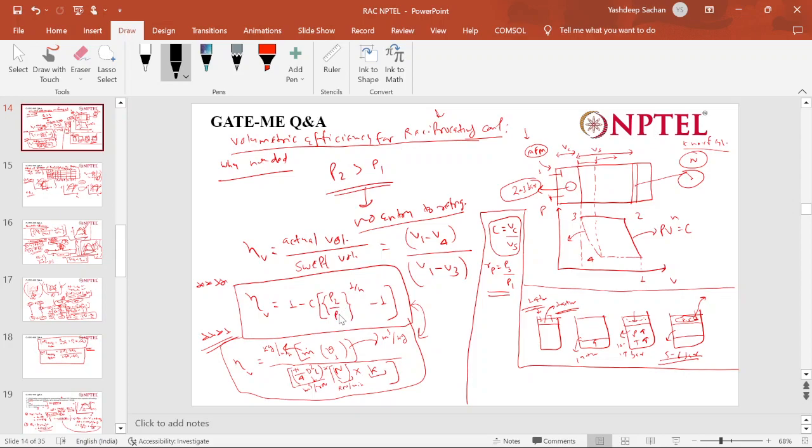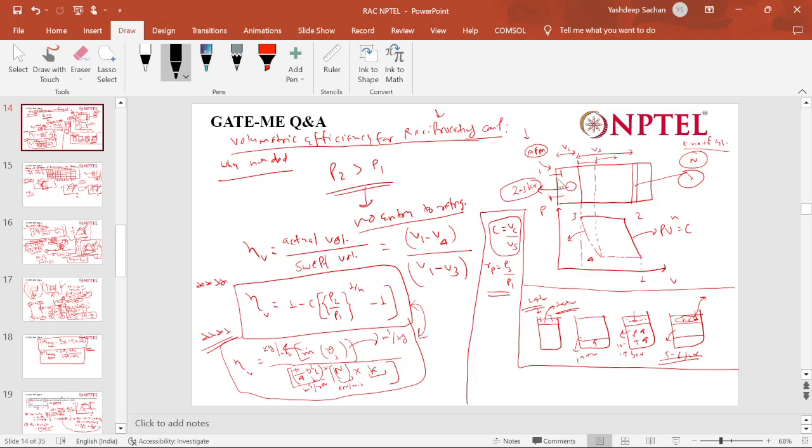Okay. Now keep this volumetric efficiency formula in mind. What is the meaning of this volumetric efficiency? It is the ratio of the actual volume sucked by the compressor to the theoretically possible volume. Why is it less? Because at the end of exhaust there is a higher pressure relative to the suction pressure.